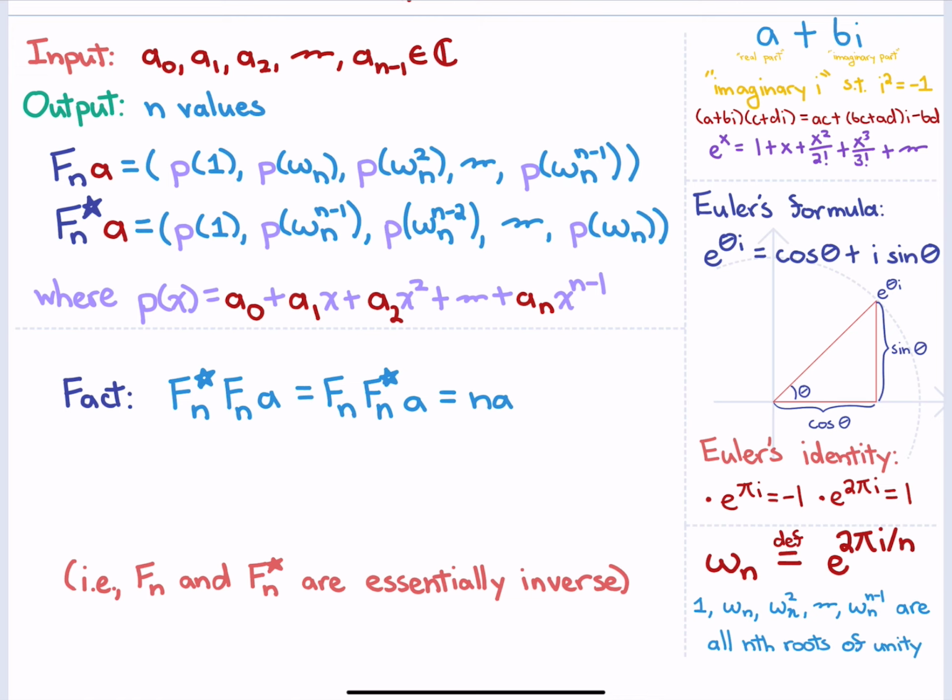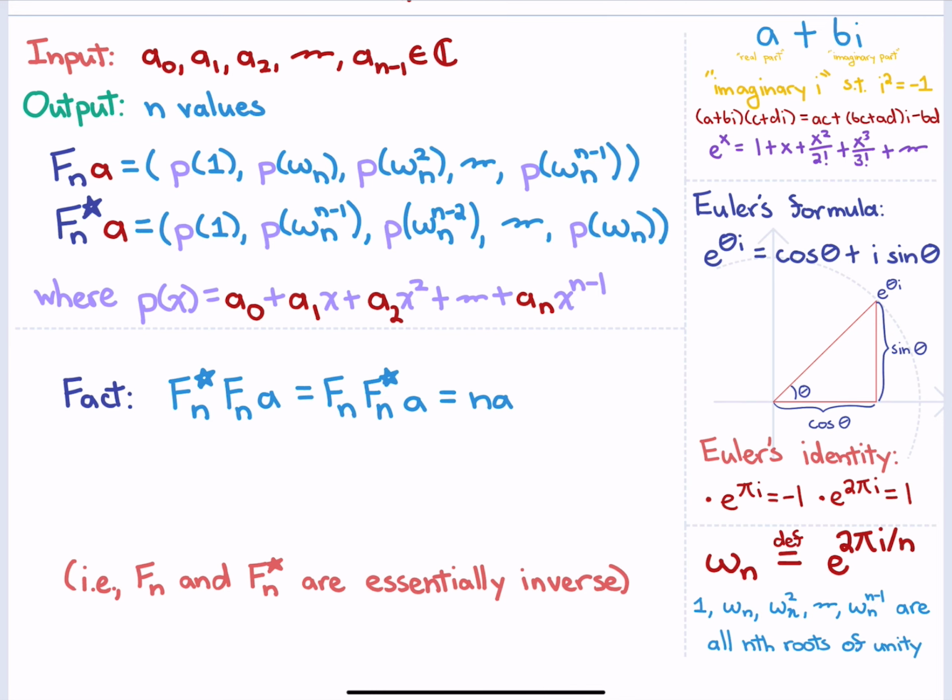If you compute f star of n first and then you do f sub n, you'll recover a up to a factor of n. Okay, so really what's going on is not only do we want to compute the Fourier transform fast, but we want to be able to compute its inverse, because dividing by n is easy, very fast as well.